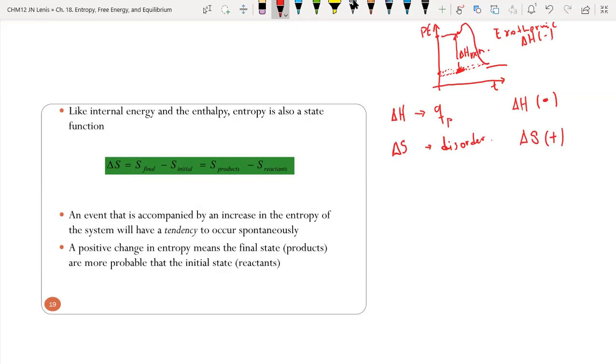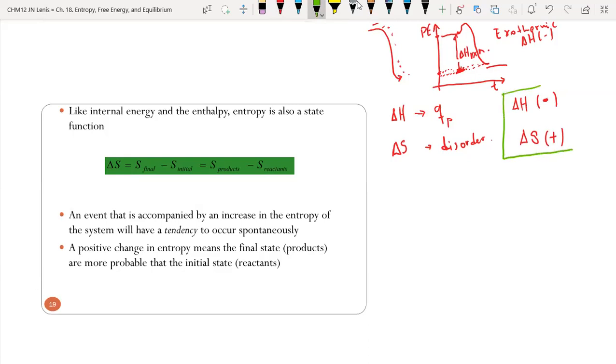If something has high potential energy, the tendency is to go down to a lower potential energy, similar to the waterfall. Remember? Higher gravitational potential energy to lower gravitational potential energy. So this is an important hint.